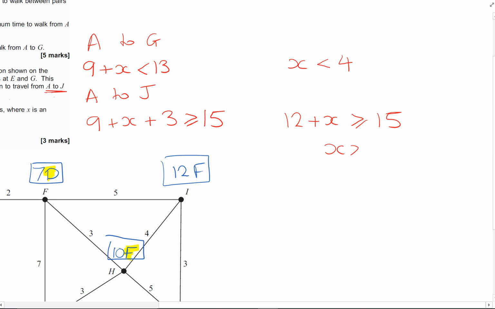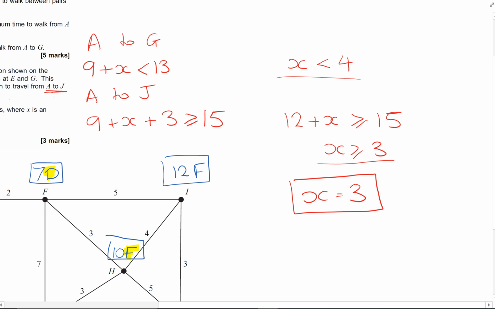So X is greater than or equal to 15 take away 12, which is 3. And if you just recall from the question, it says that X is an integer, so it's a whole number. So what whole numbers are bigger than or equal to 3 and strictly less than 4? Well, X must equal 3.